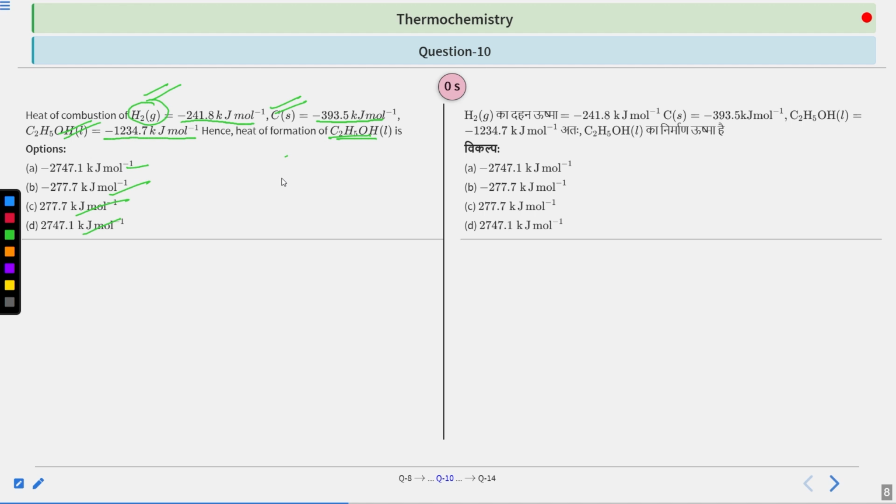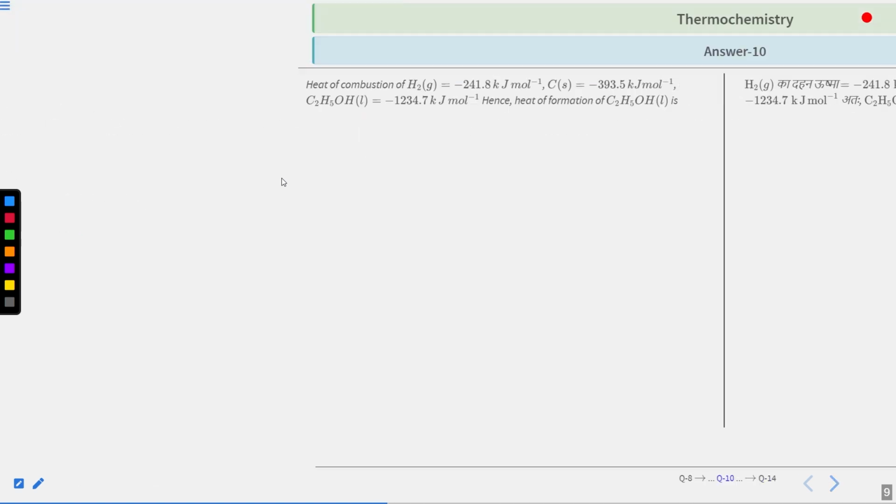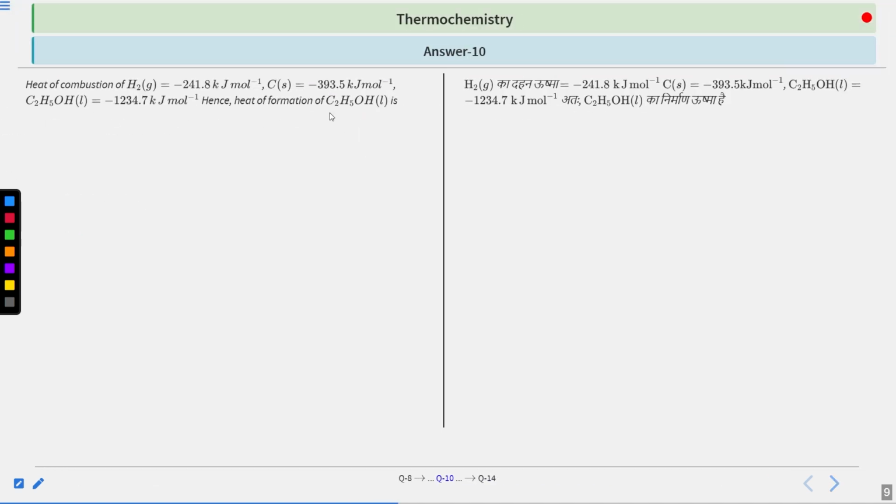Okay, let us see how we can solve it. So moving on to the solution. This is the question. First of all, how will we understand the question? You will have to interpret the data that are given. You are given the combustion data for hydrogen, for carbon solid, and for C2H5OH liquid.